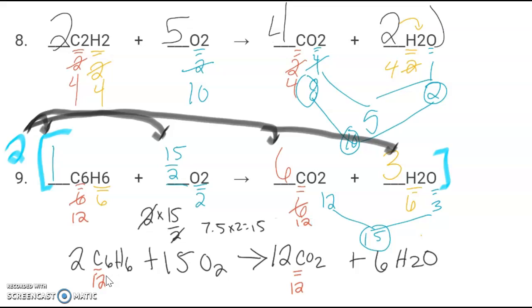For our hydrogen, 2 times H6, that's going to be 12. On our product side, 6 times 2 for our water, that's also 12 hydrogen. So no longer 6, but 12, and they are balanced. And lastly, our oxygen. So we have 15 times 2 is 30. Then we have 24 and 6, which is also 30. So everything is balanced.